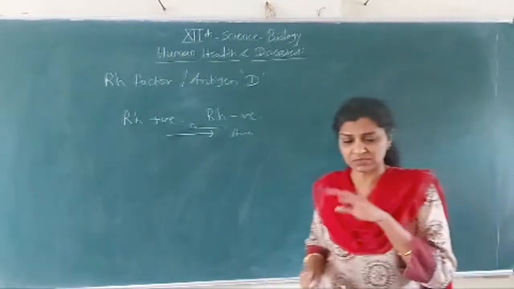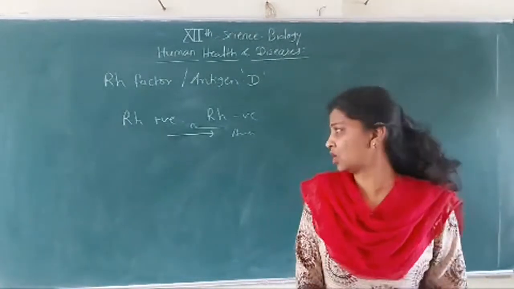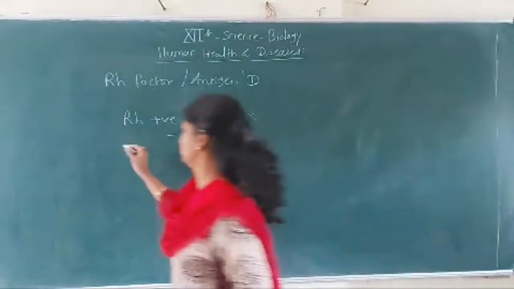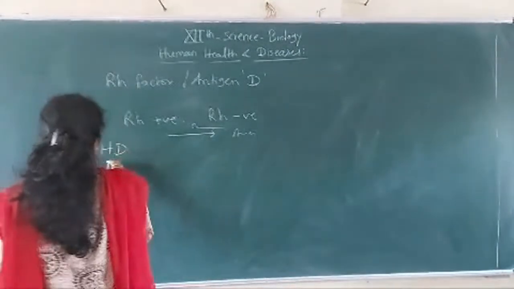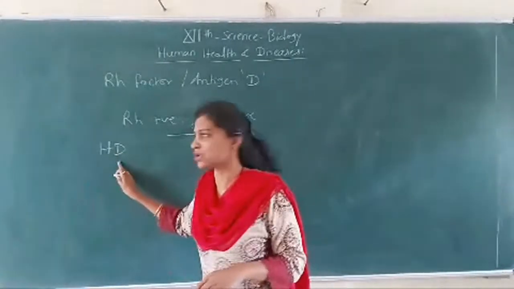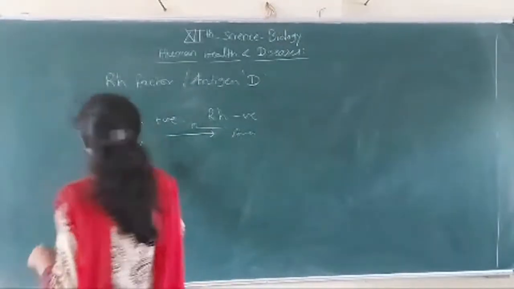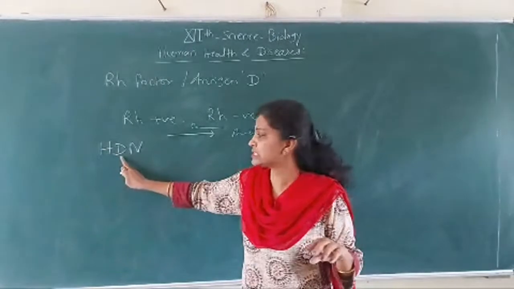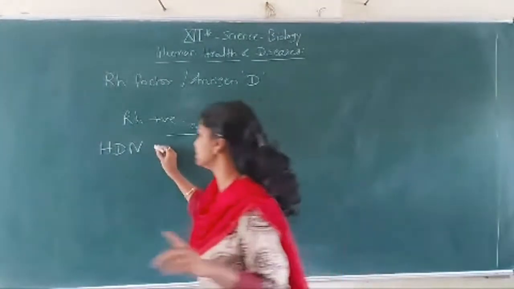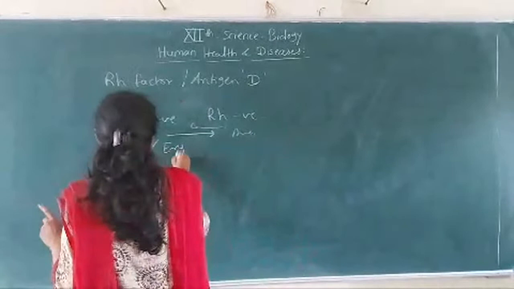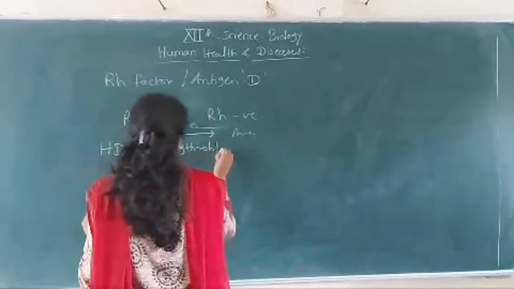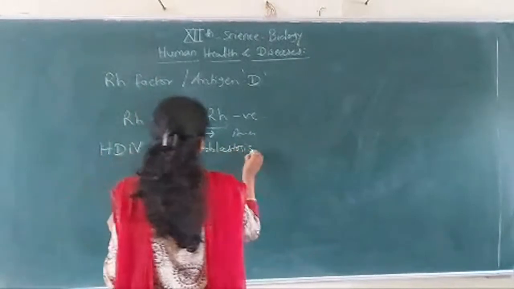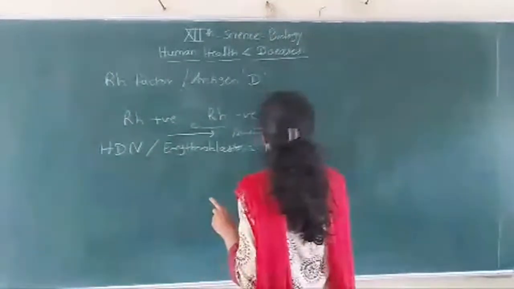The next is HDN, that is hemolytic disease of newborn, or it is also called erythroblastosis fetalis.